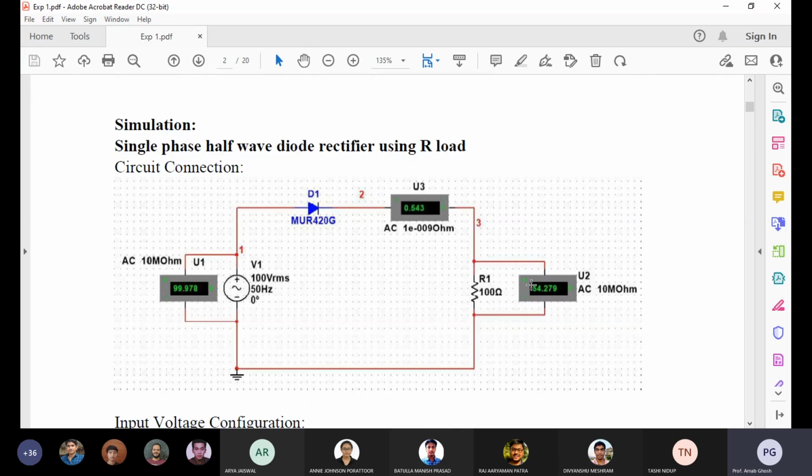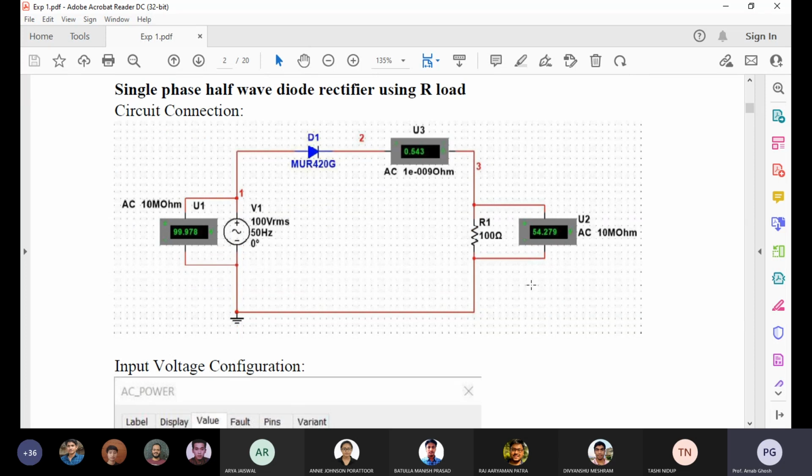The first column is the serial number. The second column is your load resistance. You are changing the load resistance and you need to see how the output voltage changes. Is it the same or is it changing?